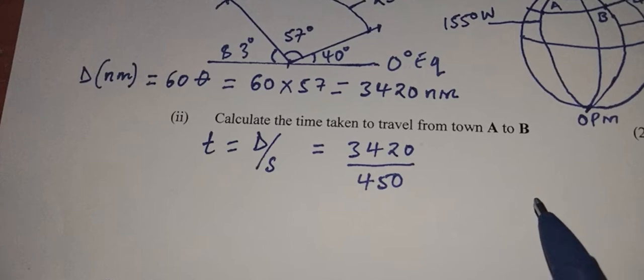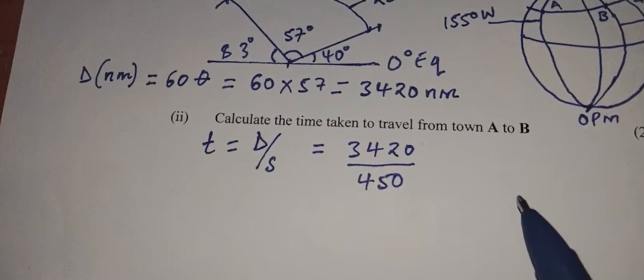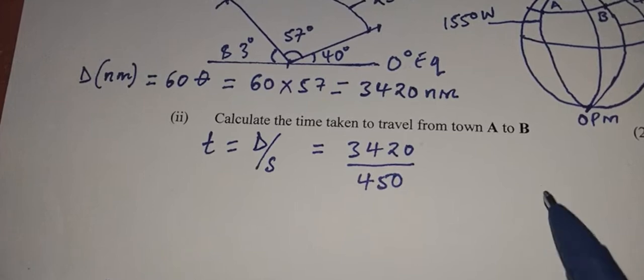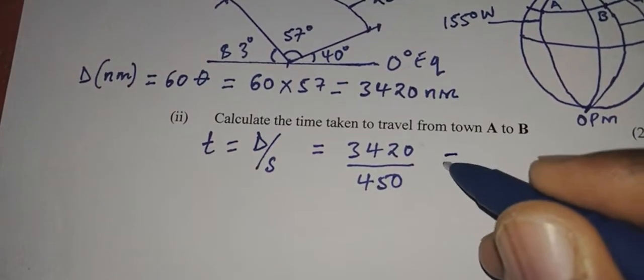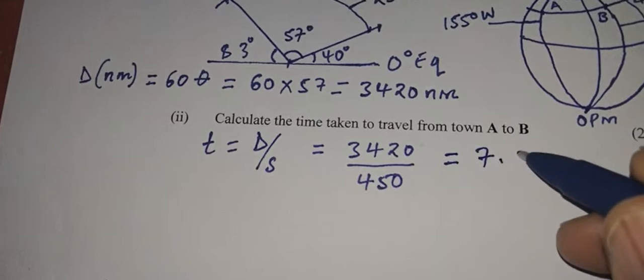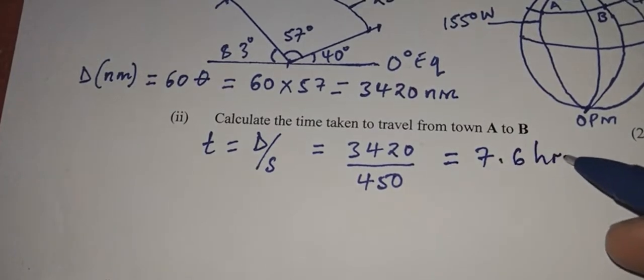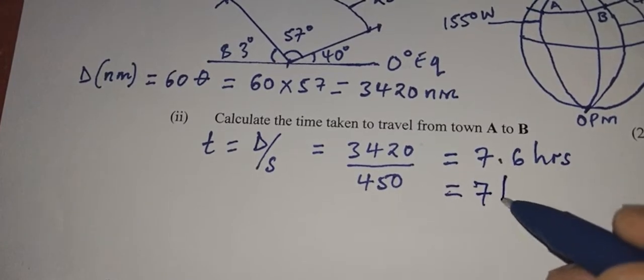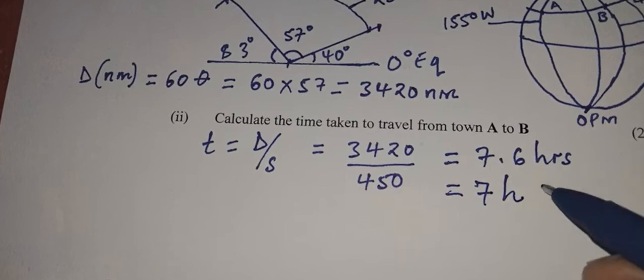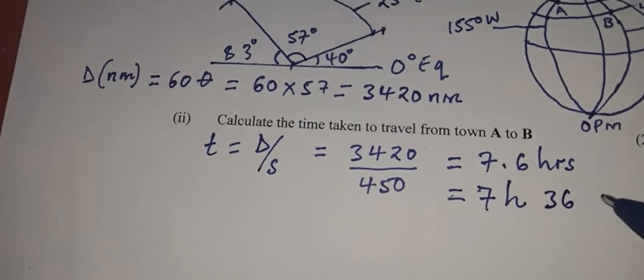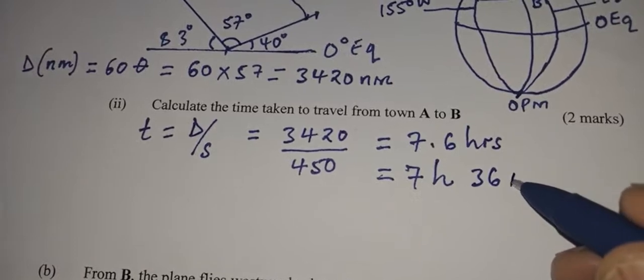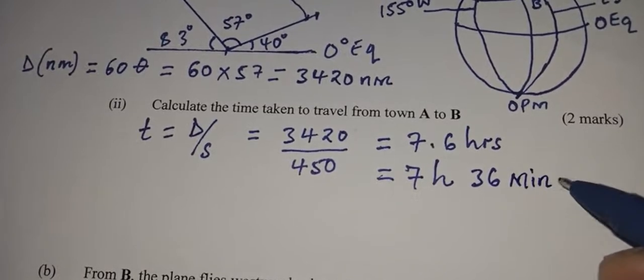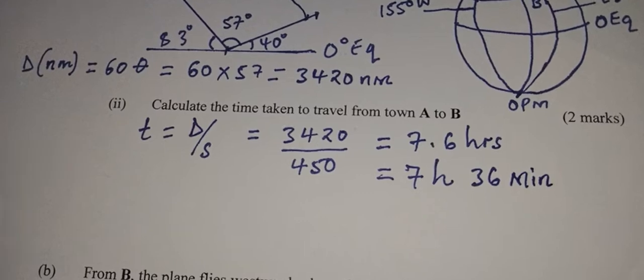When distance is in nautical miles and time in hours, speed is calculated in what we call knots. Therefore, we can now get our time in hours, which is 7.6 hours. That is still okay, but we can convert the fraction, 0.6 of an hour, and that will be 36 minutes.